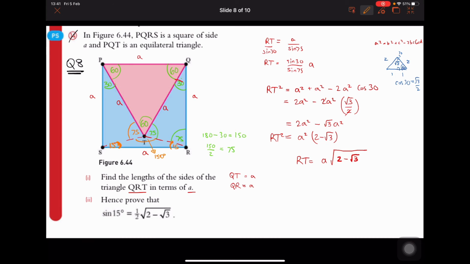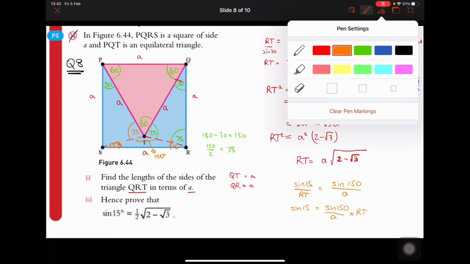Now let's use the sine rule. So sine 15 over, I'll write RT for now, equals sine 150 over A. So that's sine 15 equals sine 150 over A multiplied by RT.